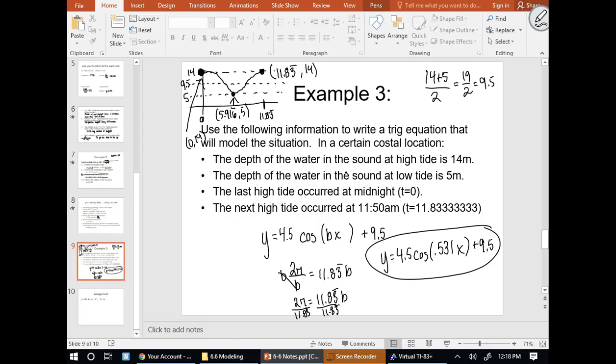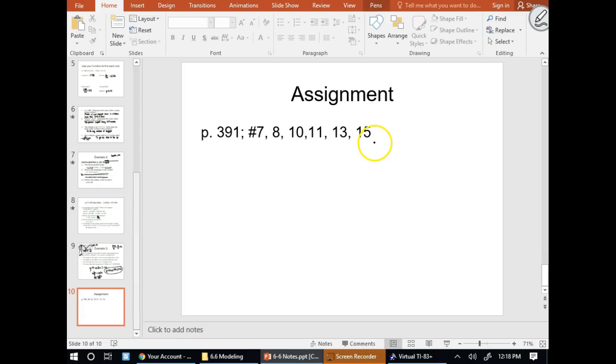All right, so basically I'm going to give you a little bit of time to work with this today because we don't all have graphing calculators, so we can't all do this at home. So we are going to do this assignment from page 391. So 7, 8, 10, 11, 13, 15.